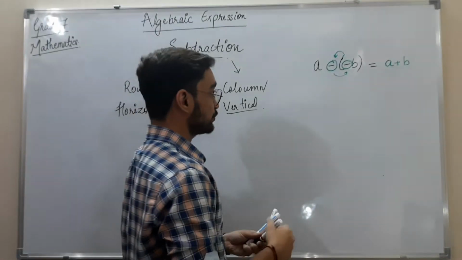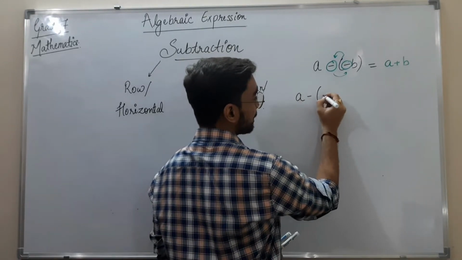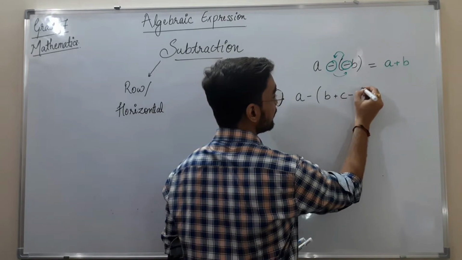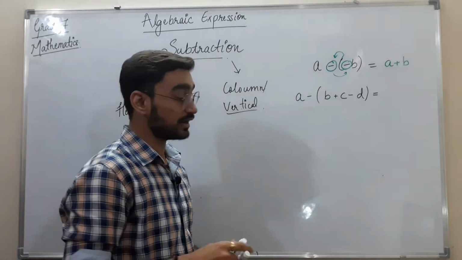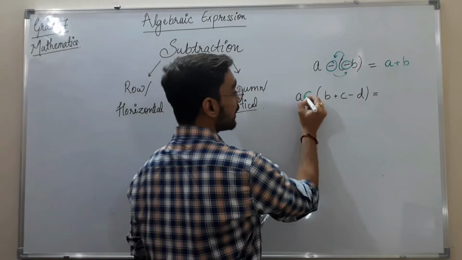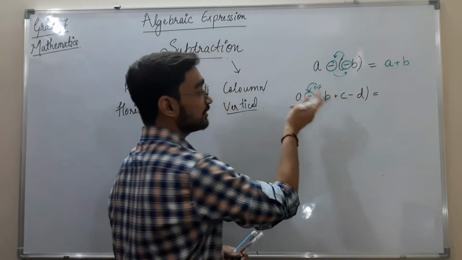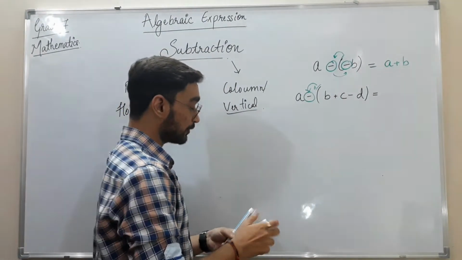One more example I will show you. For example, if I am having a minus b plus c minus d. One thing you always have to remember, if the symbol of minus is coming before a bracket, you always have to change the symbols.